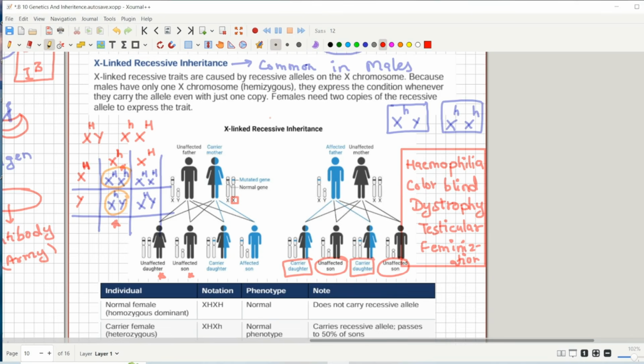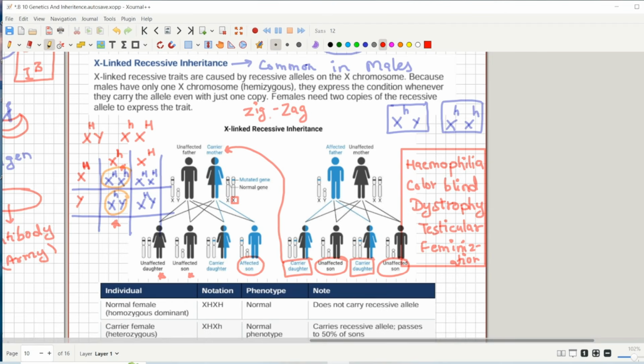And when these daughters are carriers, then if a carrier mother marries a normal male, she will have an affected son. So X-linked recessive inheritance moves in a zigzag manner, or you can say it does not go directly from father to son.